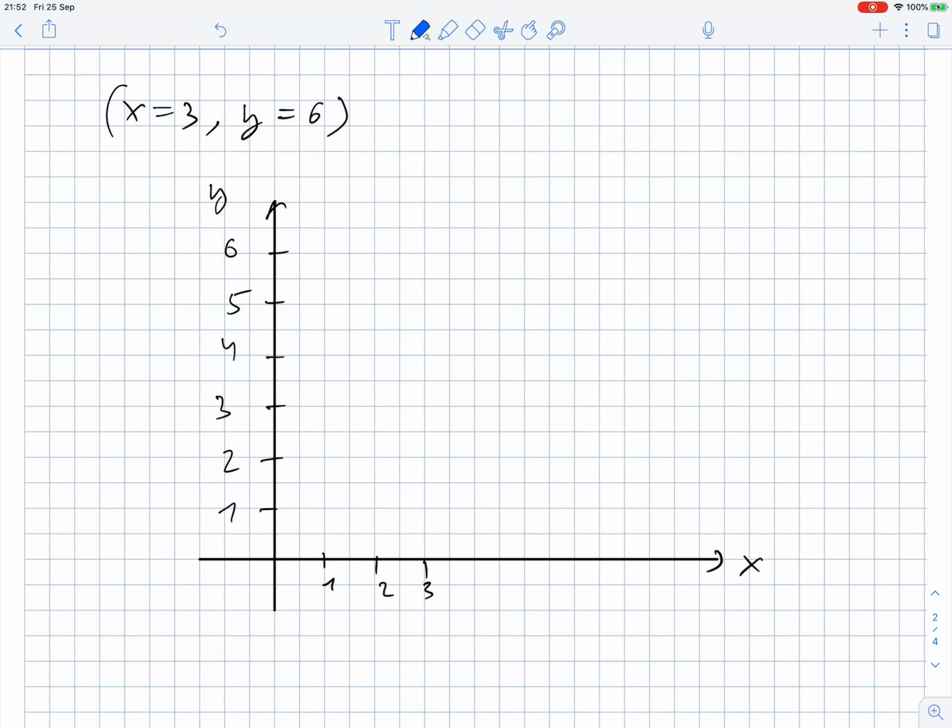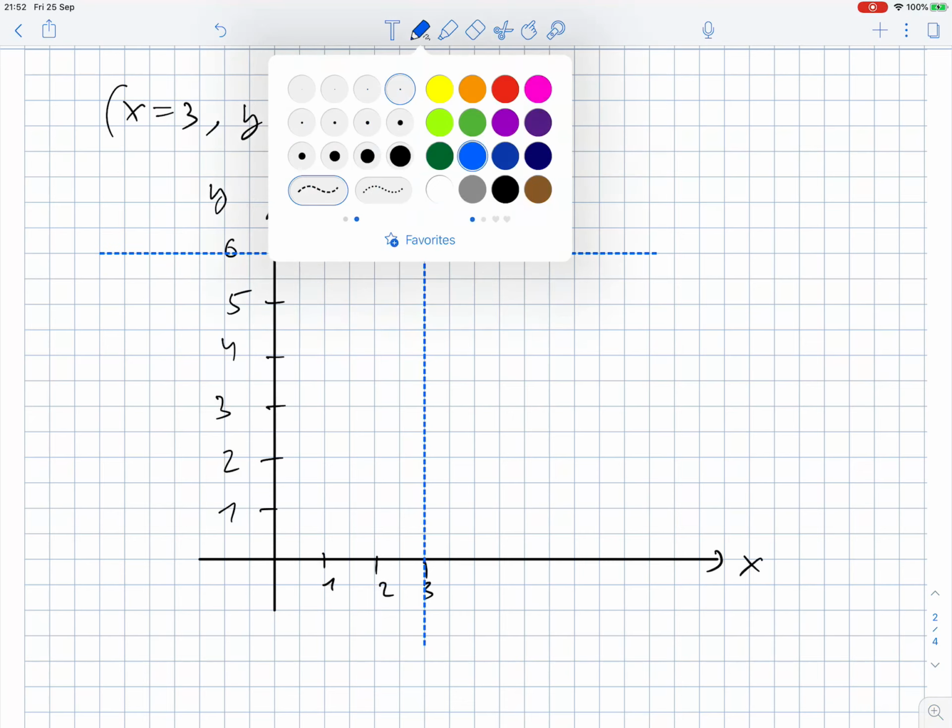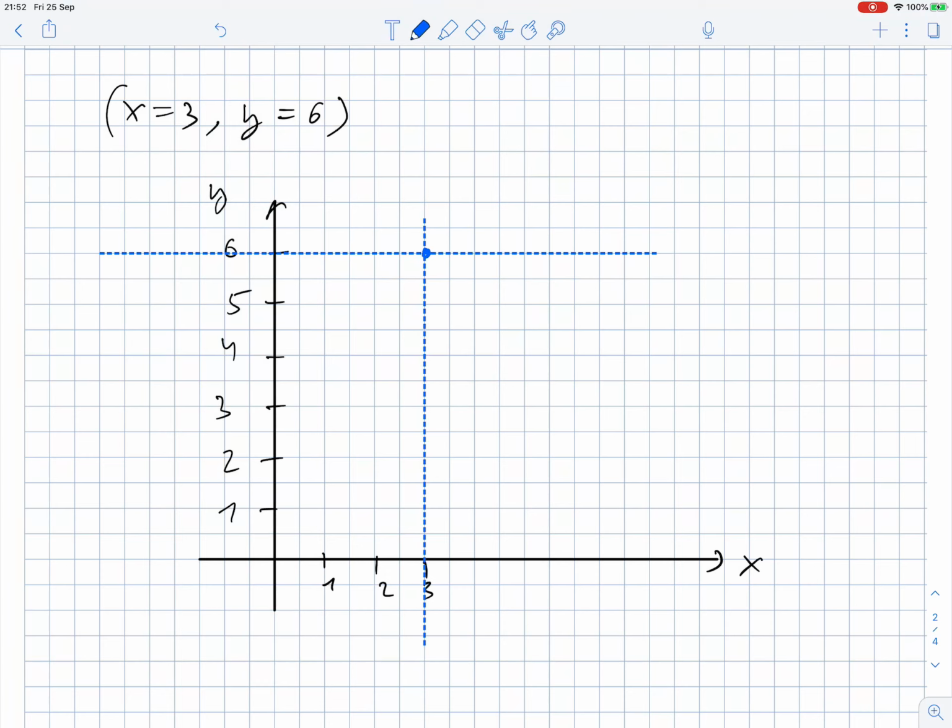Okay, x equals 3 and y equals 6, 6 just here. And this crossover point is also called a coordinate, where x equals 3 and y equals 6.